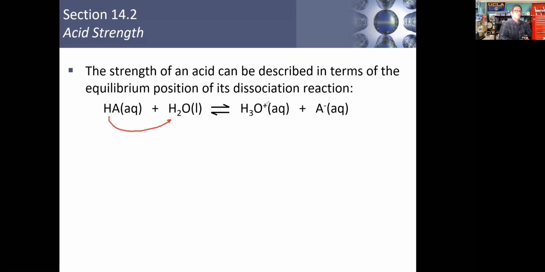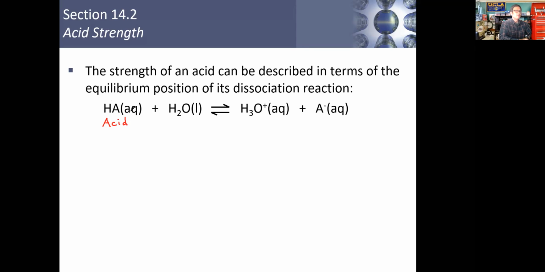When it gives its hydrogen to water, we form this ion here, which we refer to as the hydronium ion, and we're left with this anion. So this compound is also an acid according to the Bronsted-Lowry theory, because it donates the hydrogen.